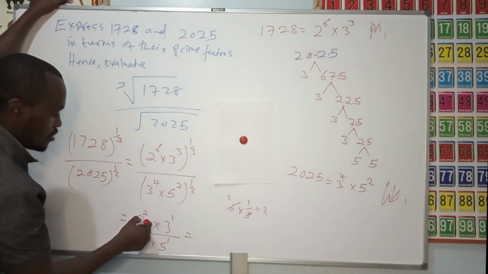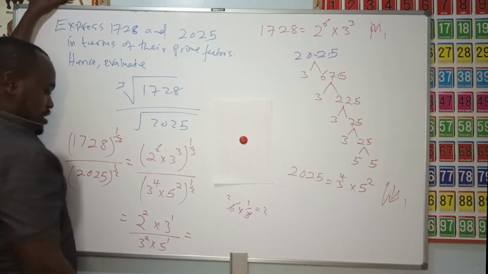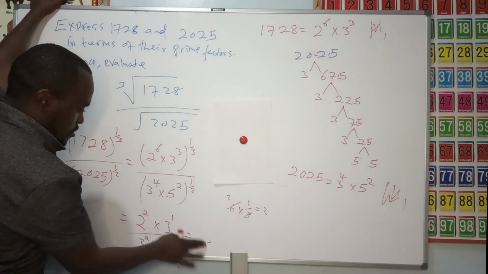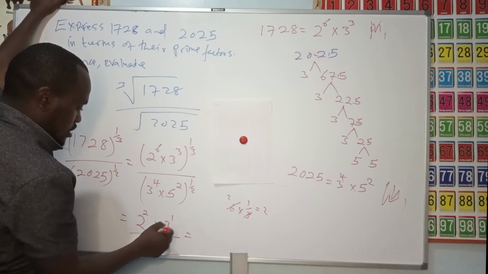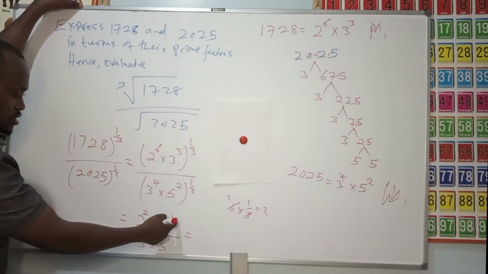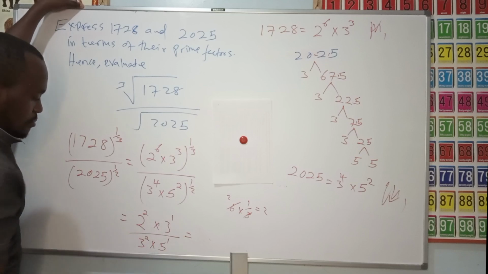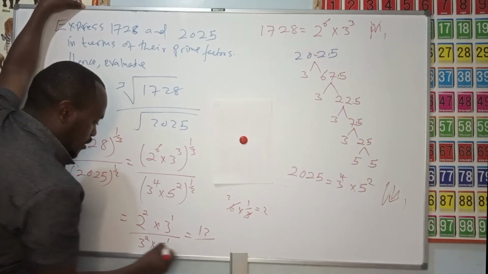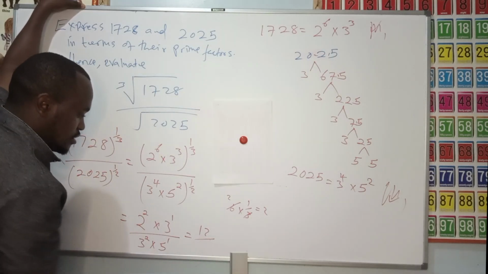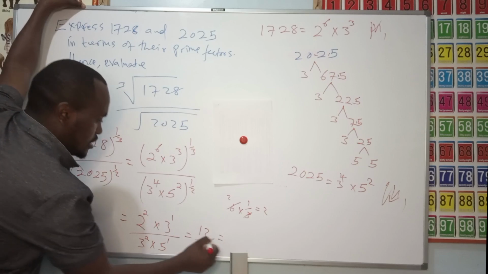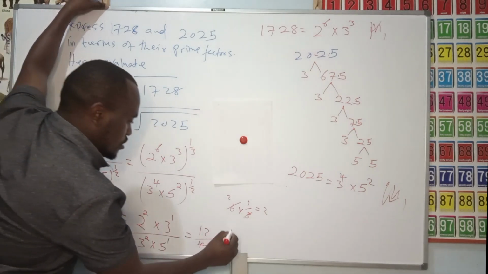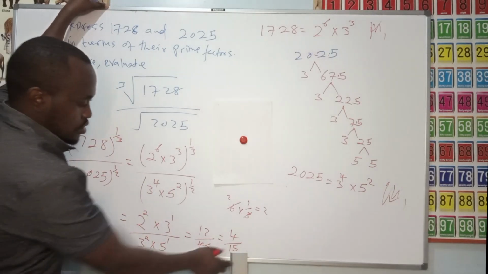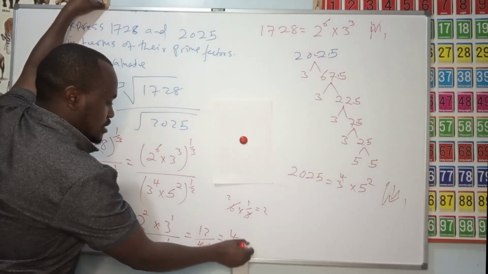The answer is 4 times 3, which is 12, over 9 times 5, which is 45. Then you simplify further, divide by 3, and you have 4 over 15. So 4 over 15 is the answer.